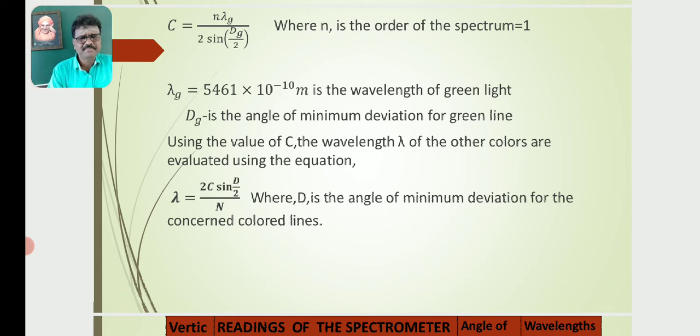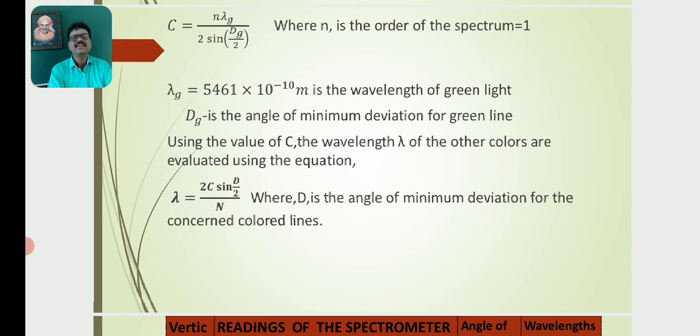Lambda g is the wavelength of green color, say 5461 into 10 power of minus 10 meter. Then Dg is the angle of minimum deviation for the green line.